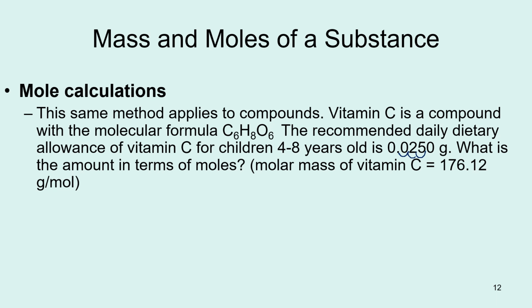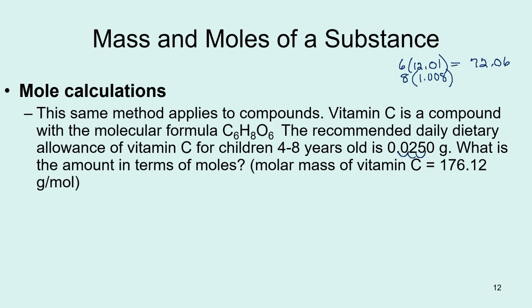Okay, so the molar mass is given to you, 176 grams per mole, but let's remind ourselves how we get that. We've got 6 carbons, and each carbon has a molecular weight of 12.01, so that's 72.06. We have 8 hydrogen. I still tend to use the 1.008.